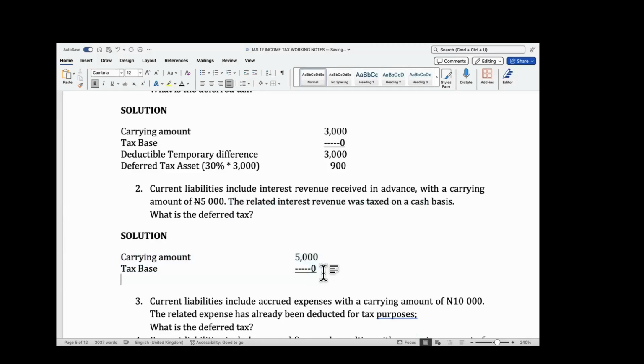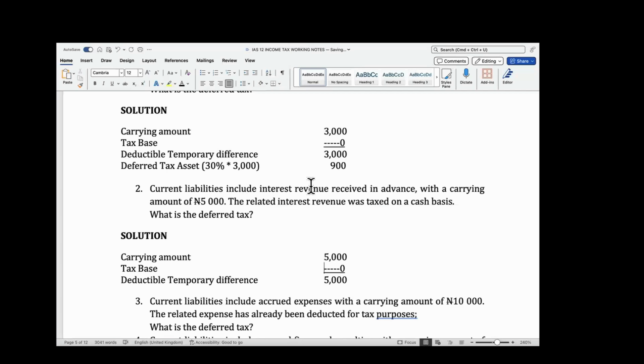He is capturing zero. So there is a temporary difference, because the taxman captured it last year, but you're putting it in your books this year. So you're not going to enjoy it, they have already taxed it. It's the reverse, so it cannot be a taxable temporary difference. Therefore, it will be a deductible temporary difference.